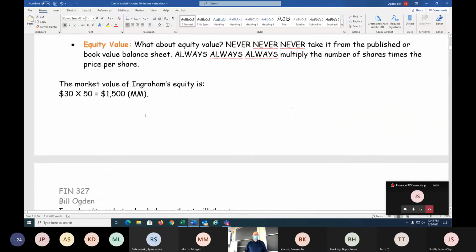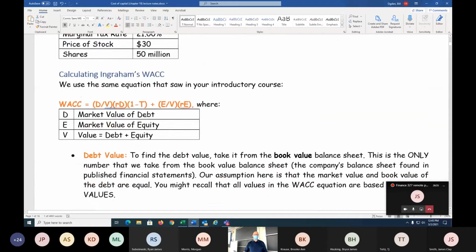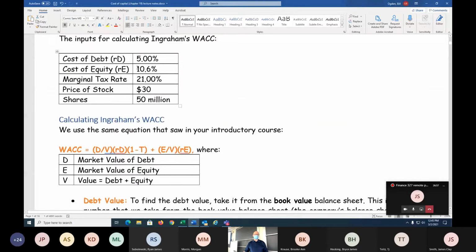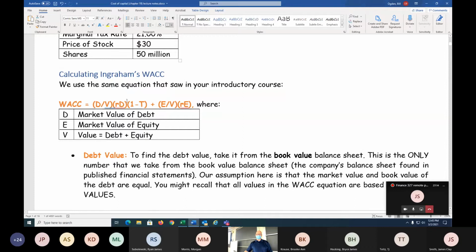Here it is, 10.6%. That was based on 40% debt. Okay, what we're arguing here is that this number should be lower if we are using less debt. Does that make sense? All right, so let's see what happens.